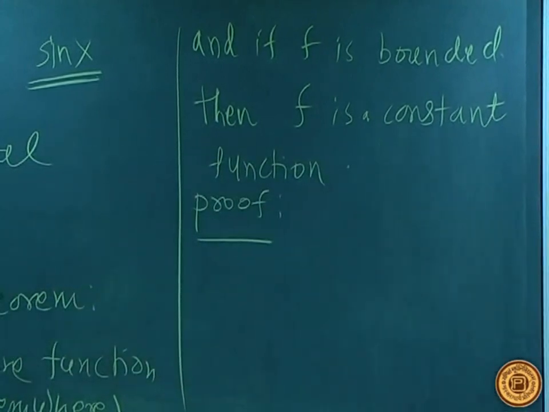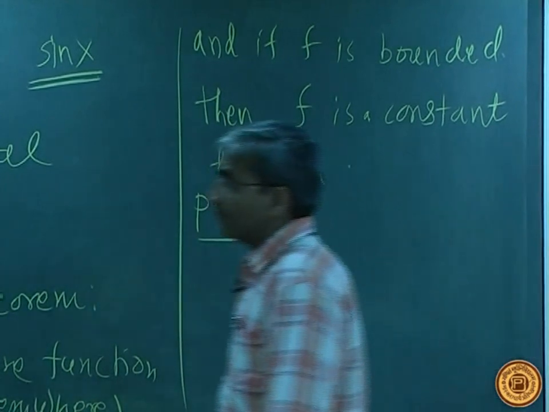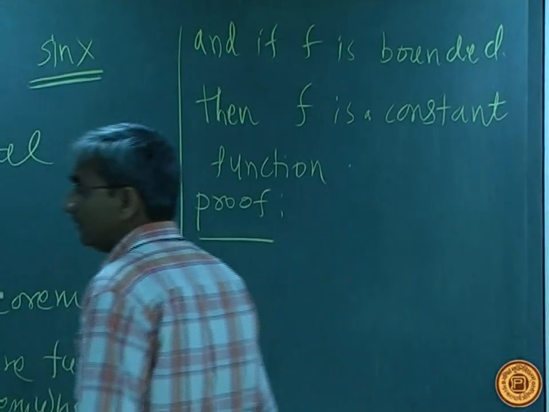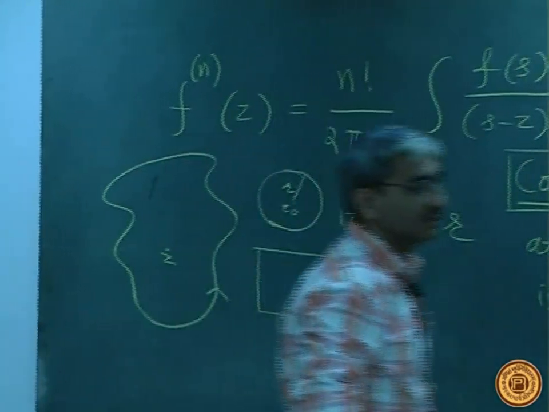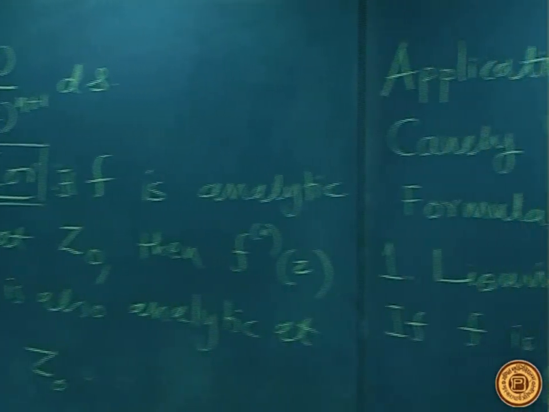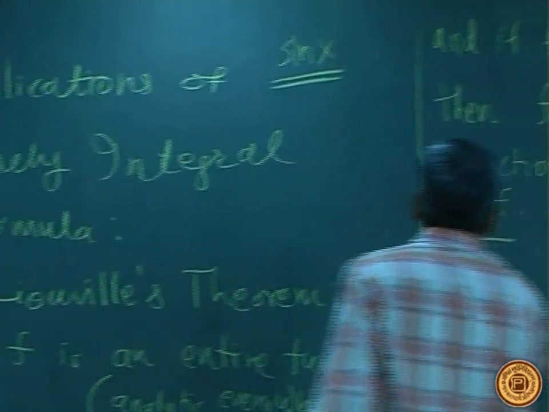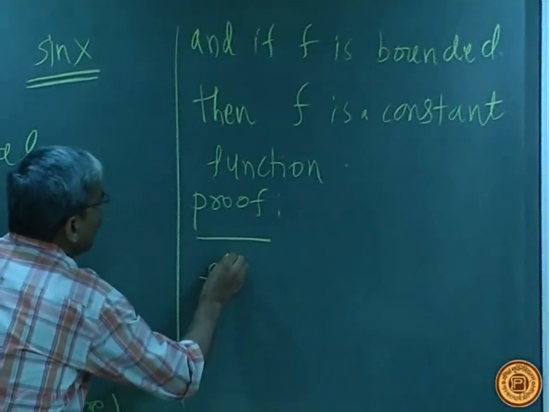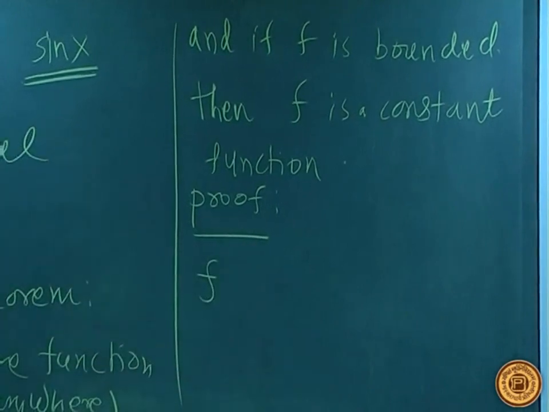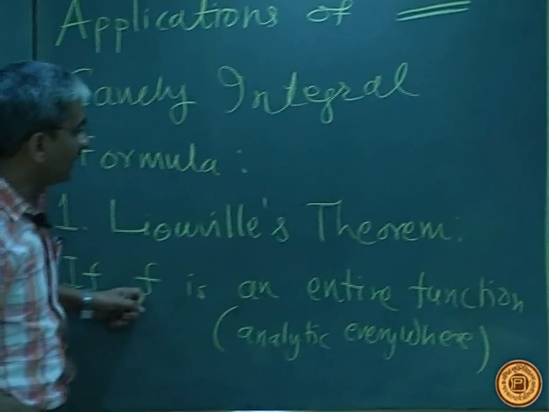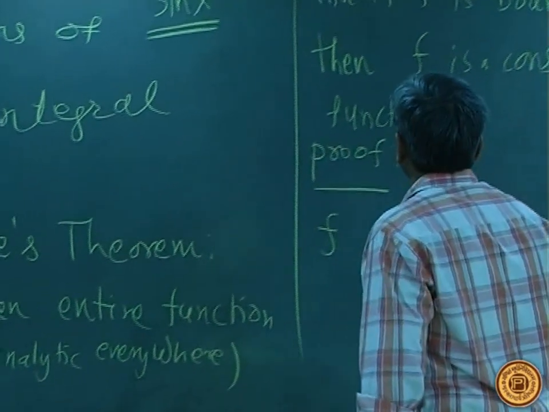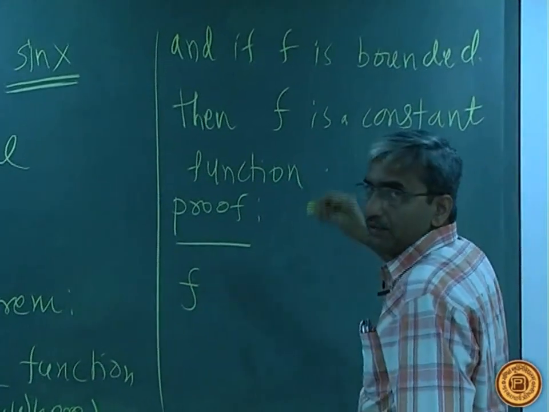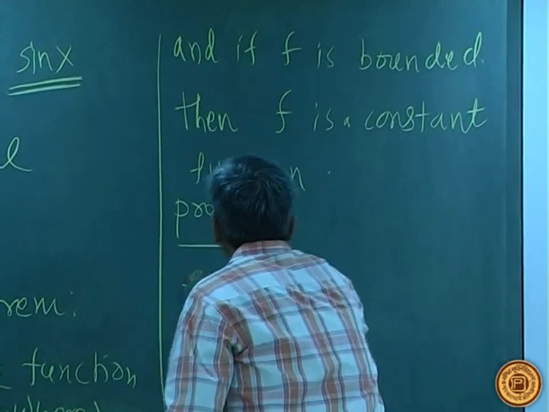Let me write the formula for the nth derivative again and obtain a bound on the absolute value of the nth derivative at point z. So first, under the assumptions of this theorem, this is an entire function, so you may take any point and any neighborhood of that point.